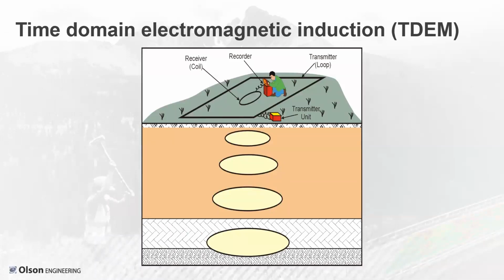Here it's showing that you have a large transmitter loop, a small receiver coil, the transmitter and receiver electronics, and that the transmitter loop generates a signal by turning on, turning off, turning on, turning off, and the electromagnetic wave propagates away from that transmitter loop in what some people call smoke rings. They're increasing in size as they go down in depth, and secondary electromagnetic fields are generated as they interact with changes in subsurface electromagnetic properties.